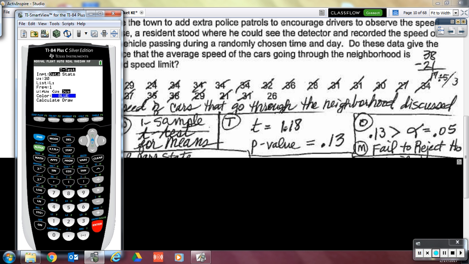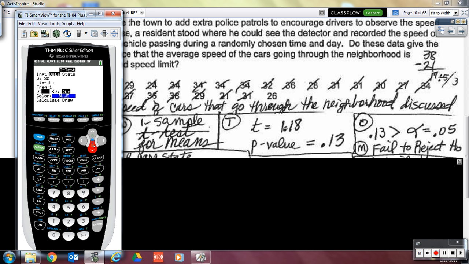Now it will just take what you put into list 1 and use that to get all the information it needs. So the null hypothesis is what? 30. Your data is located in list 1 with a frequency of 1 because you just put them all in one for one. How about the tails? Is this a not equal to, a less than, or a greater than 30?